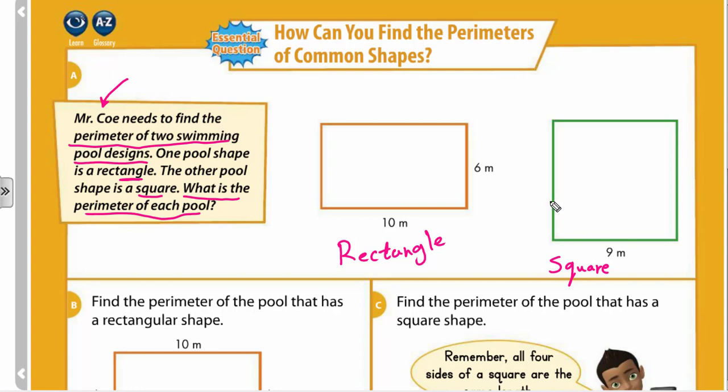Yes, Amir, what is the difference between the rectangle and square? Teacher, the square, it's all the same number. Great. Up is 9, down is also 9, here 9, and here also 9. Yes. But the rectangle, each one up and down is the same number.